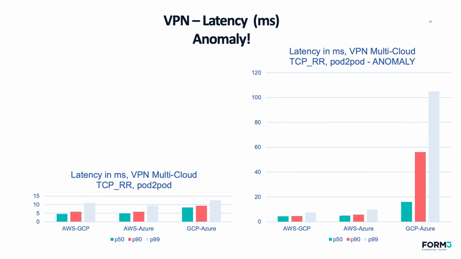However, I mentioned those unpredictable spikes, and this is a spike from our testing. You can see that with VPN, we have those anomalies. Even though the average P99 is around 10 milliseconds, so it's pretty good, why use direct connectivity if we have reasonable performance with VPN, which is much, much cheaper?